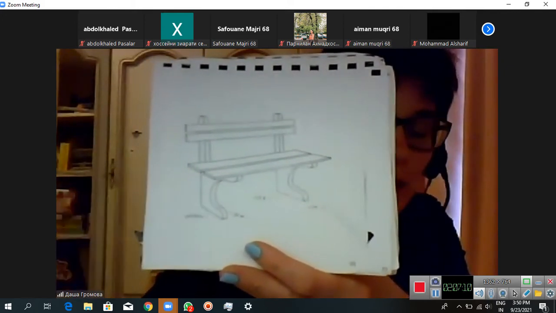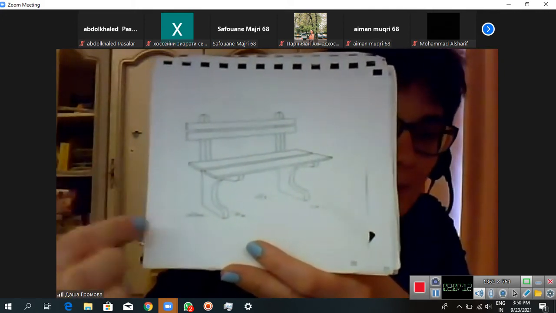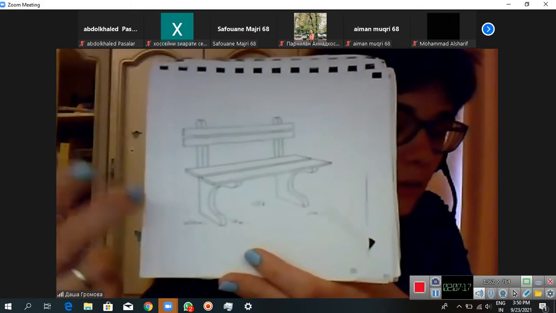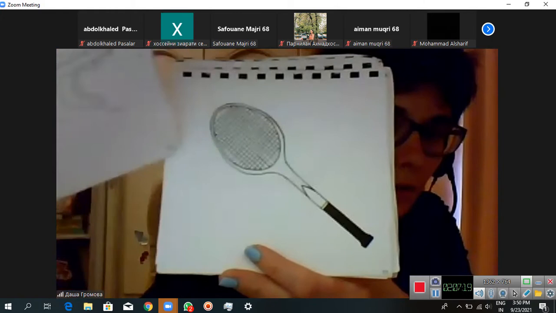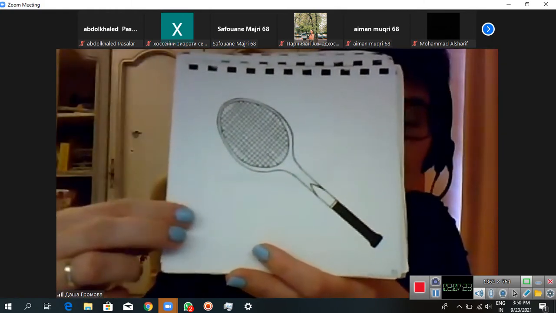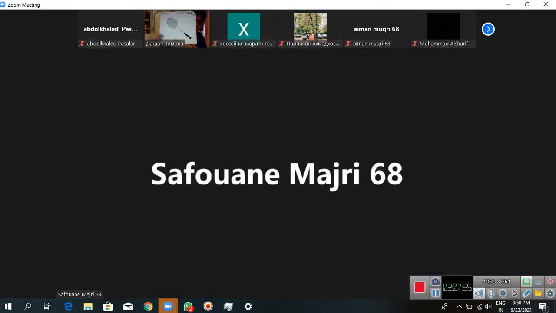But if the patient can't tell you what it is, you should give a hint, like you can see this in the park, or you need this to play tennis. And this is a tennis racket.